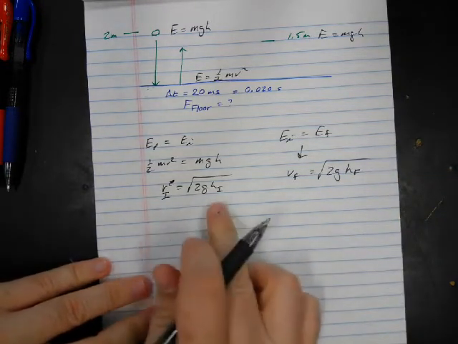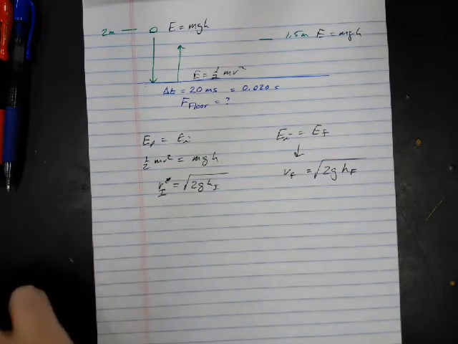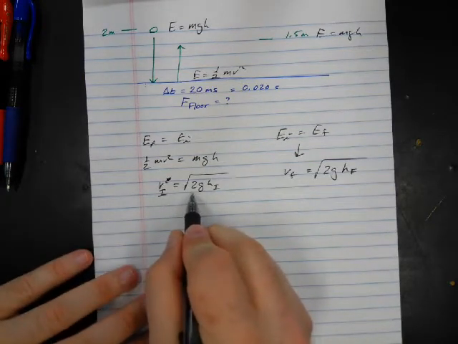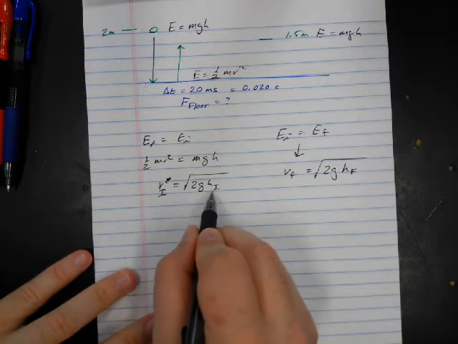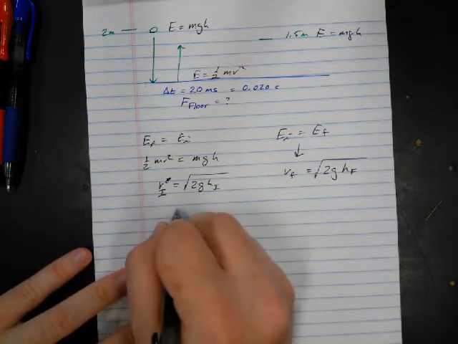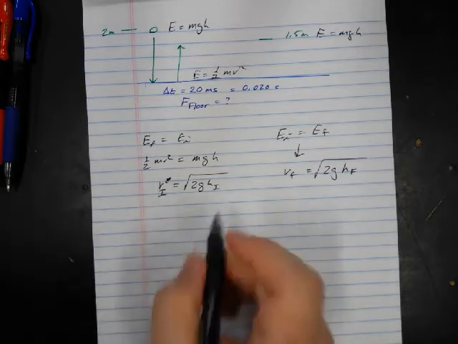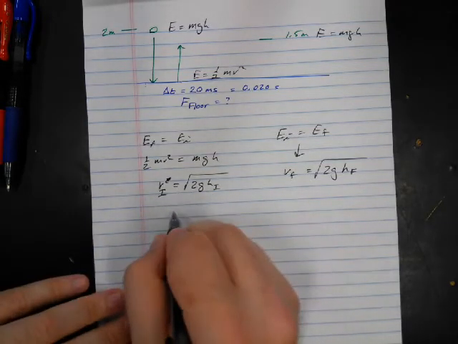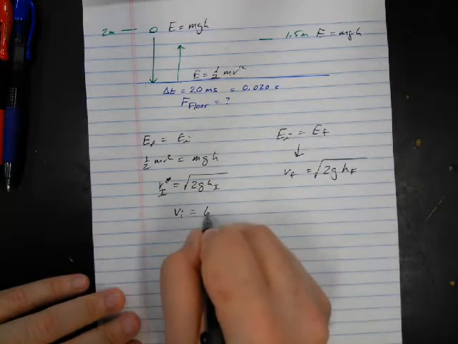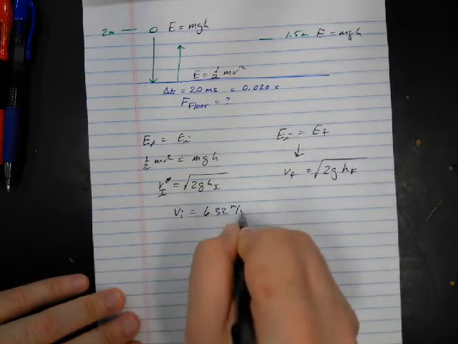So we can figure out what those are. In this case, it's 2 times 10 meters per second squared times 2 meters, this whole thing is 40 meters squared per second squared. And so V initial is going to be 6.32 meters per second here.